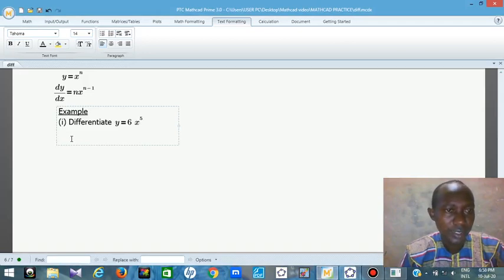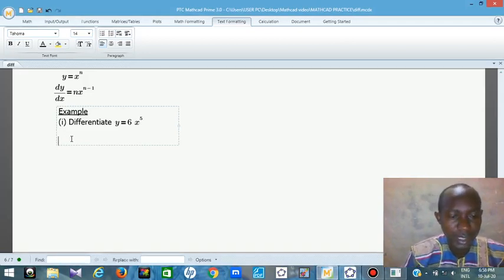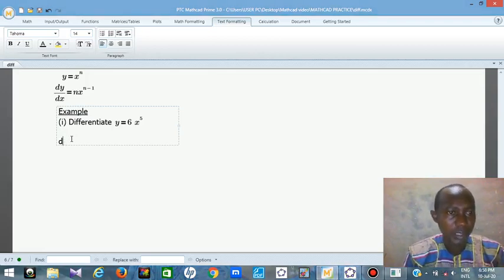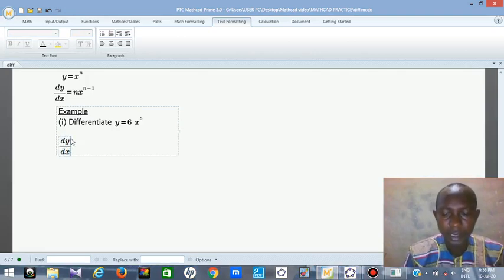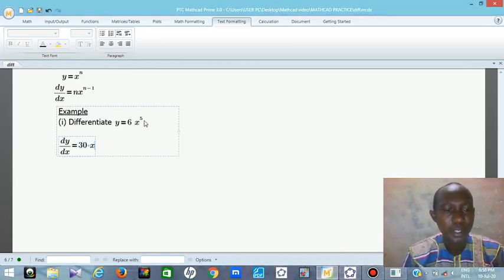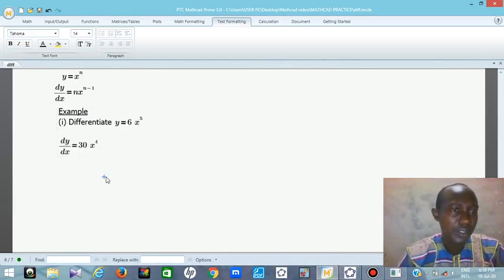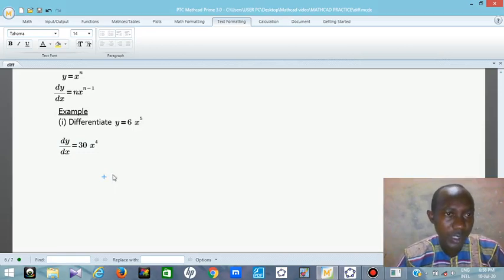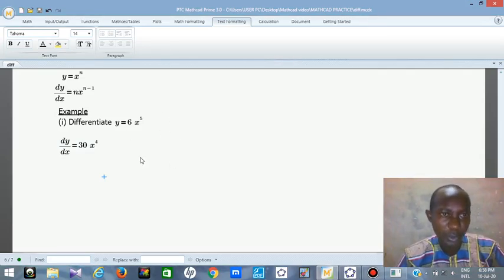So our answer in this case, dy/dx, will be equal to 5 times 6, which is 30x, then 5 minus 1, which is 4, raised to power 4. So that is the answer. This is one of the basic applications of the basic rule in differentiation, and a function like this is usually termed a polynomial.